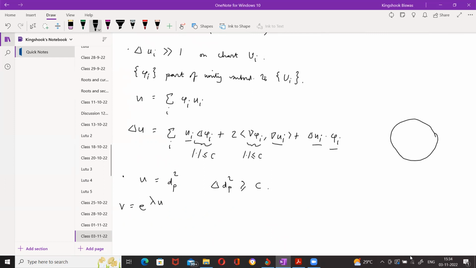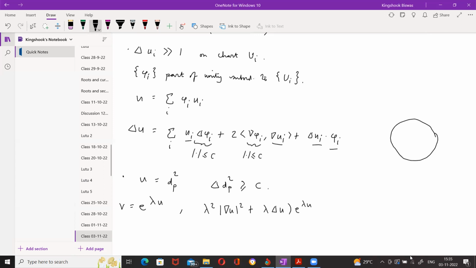So, we can work out what the Laplacian of this is, right? You'll get basically lambda squared mod grad u squared plus lambda Laplacian u, times e to the lambda u.